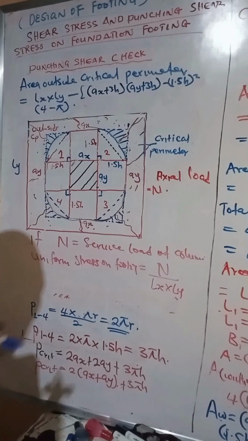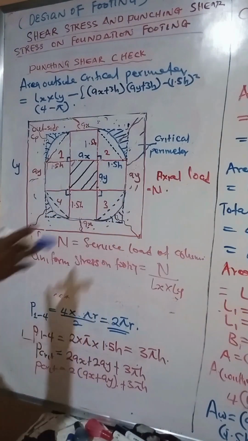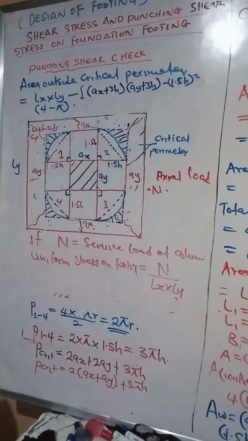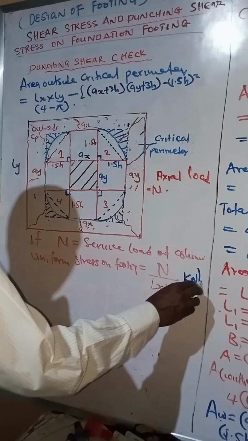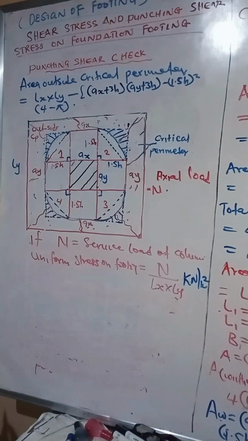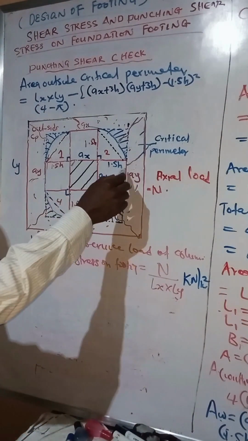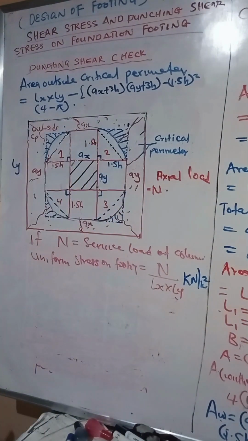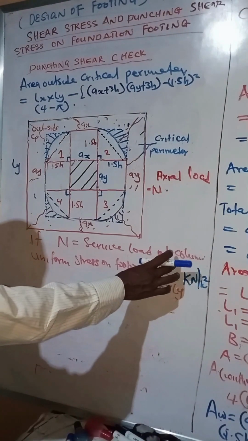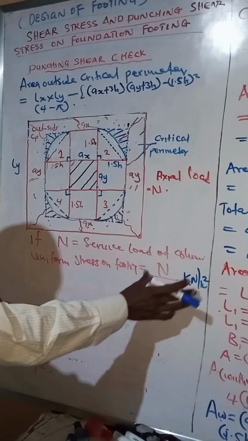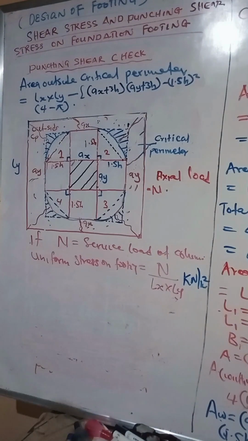But we know that as the stress acts uniformly, we're going to have it in kilonewton per meter squared. All right. So if we have this pressure on the entire footing, what will be the pressure acting on the outside of this footing due to this service load, the axial load from the column, which is the service load, divided by the surface area of the footing, expressed in kilonewton per meter squared.